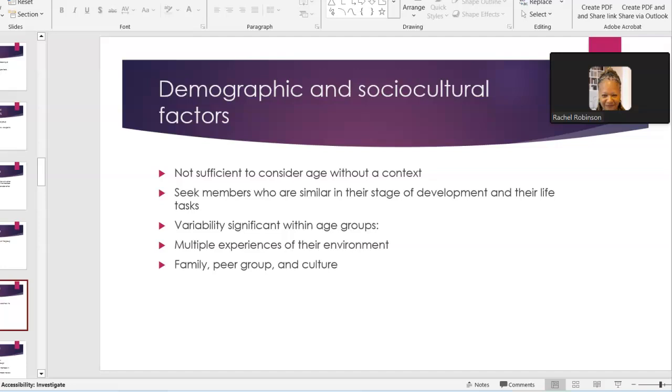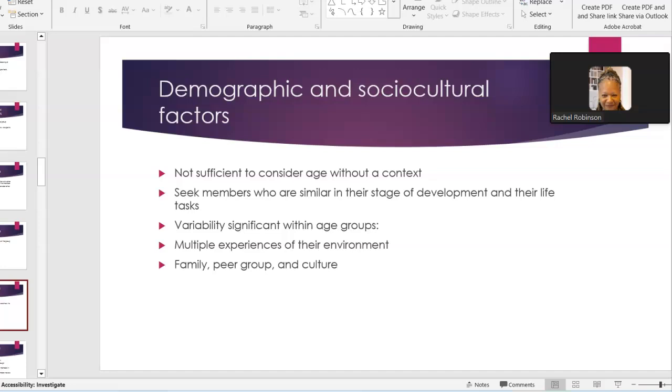So, in terms of age, you want to look at not having maybe too much of a range. If you look at Nancy's caseload and you look at the age range for the potential group members, they may not all fit in. If there's a significant variability within ages, that can be a challenge.